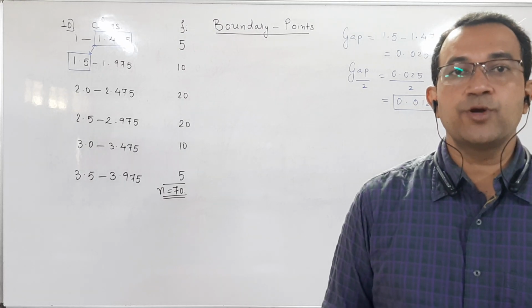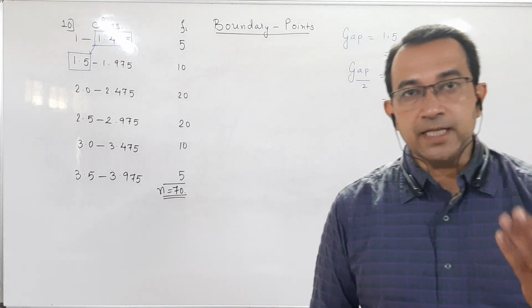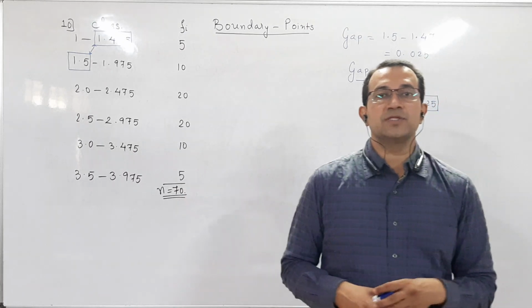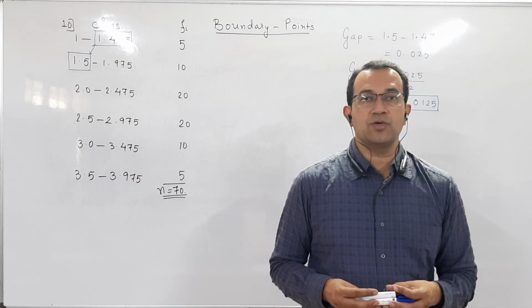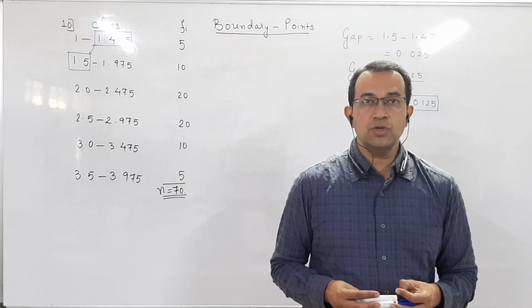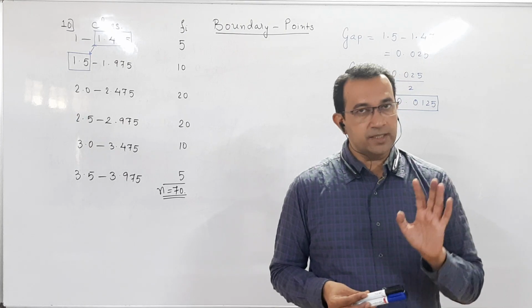Then second step, that gap you divide by 2. So 0.025 divided by 2 gives us 0.0125. Clear?